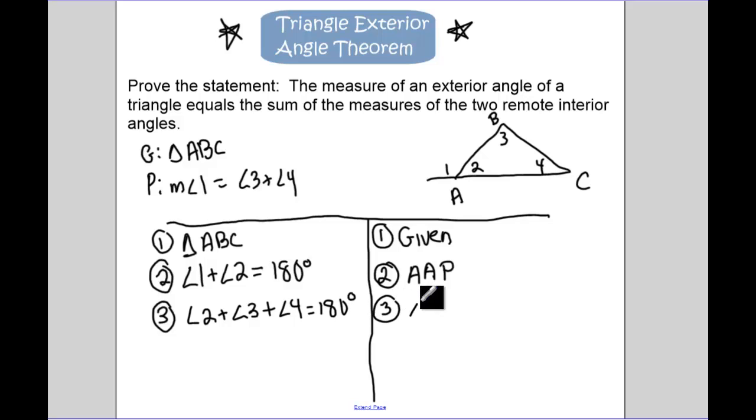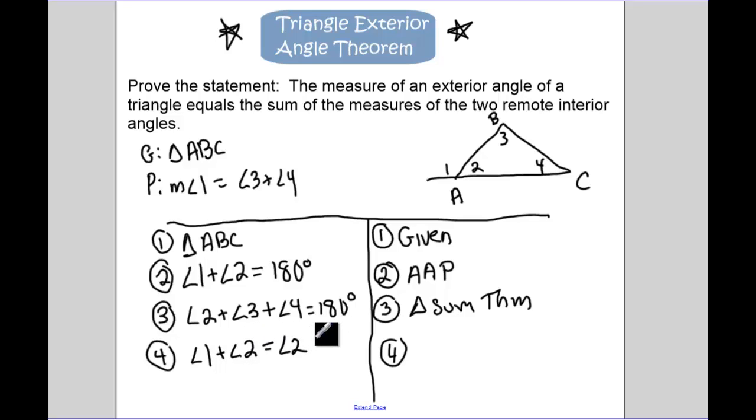So that is our triangle sum theorem. Now those two quantities can be set equal because they both equal 180. So angle 1 plus angle 2 is equal to angle 2 plus angle 3 plus angle 4. And that is by substitution.